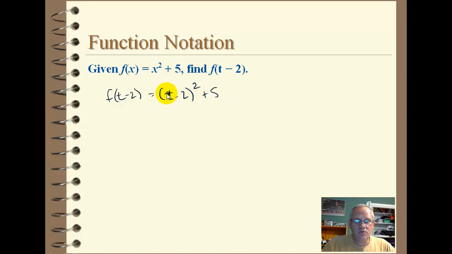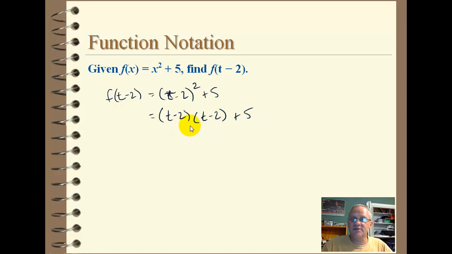Now, you might be thinking, we could just take t squared and 2 squared and be done with it. What does it mean when you square something? It means you multiply it by itself 2 times. So whenever you have a binomial like t minus 2, you have to write this out twice. So it's going to be t minus 2 times t minus 2. You have to do that.